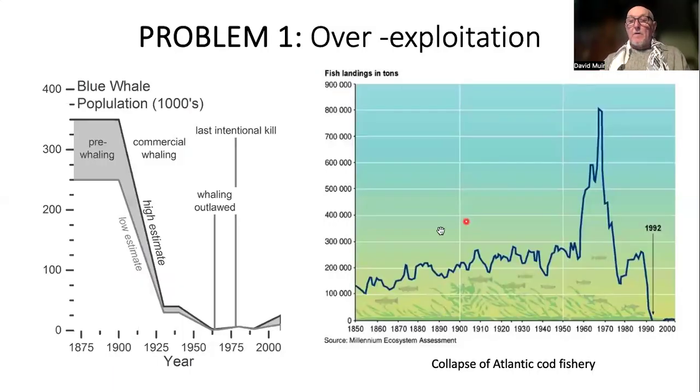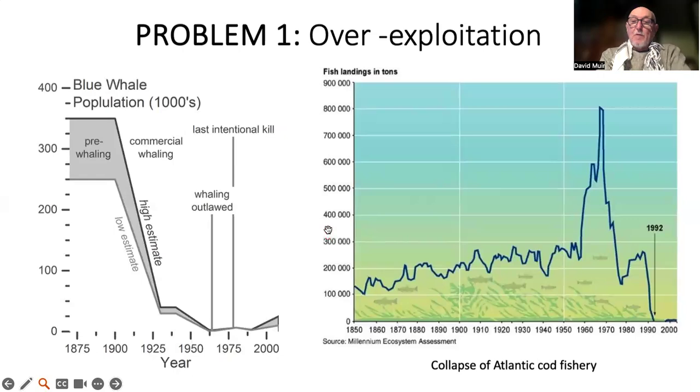So here we are, and here's the major problem with that. We have referred to this briefly in other classes, but the dependence on the ocean as a source of protein for populations has resulted in us over-exploiting the stocks.